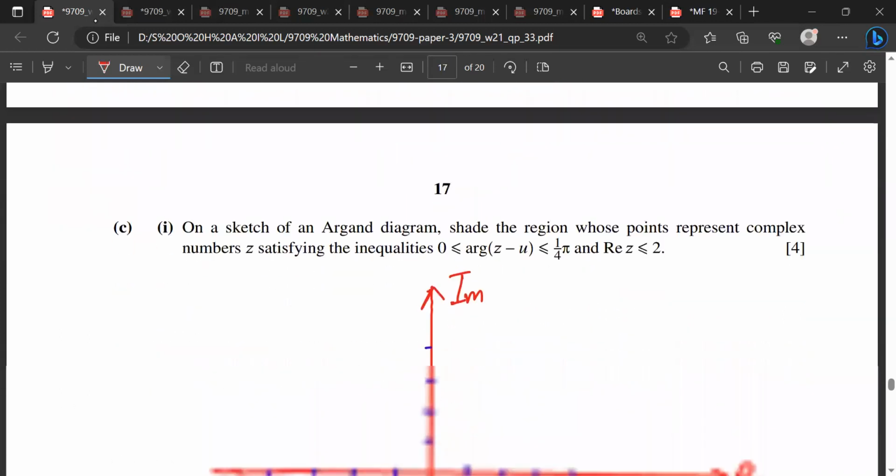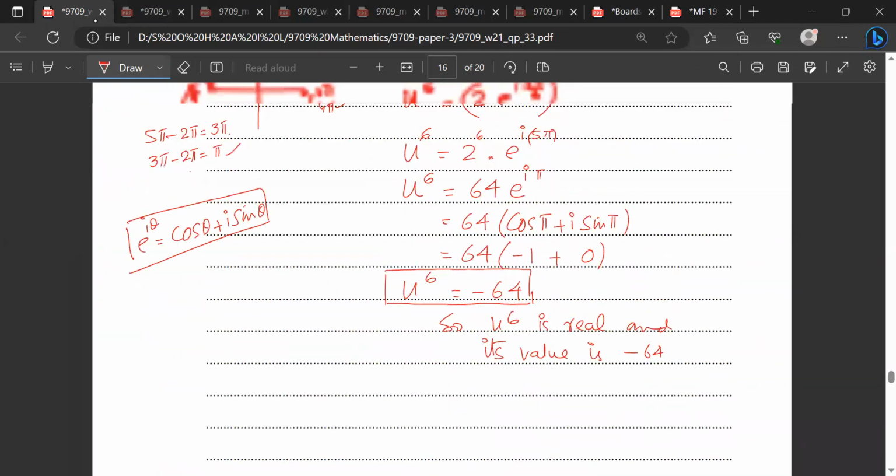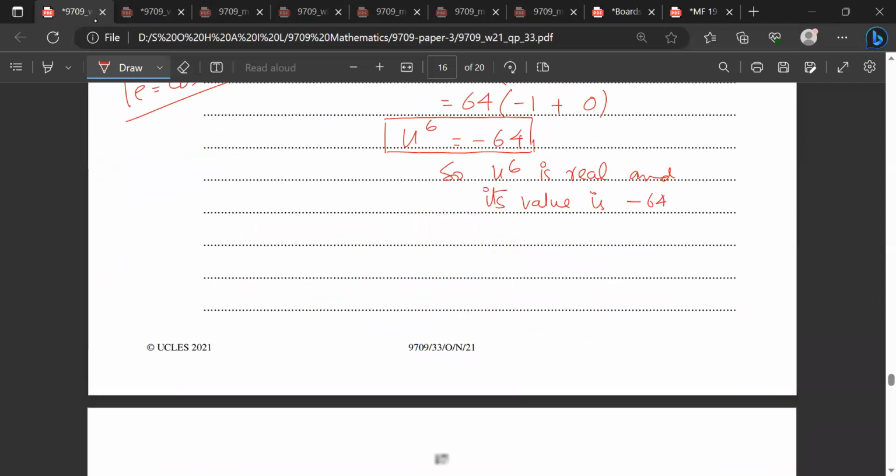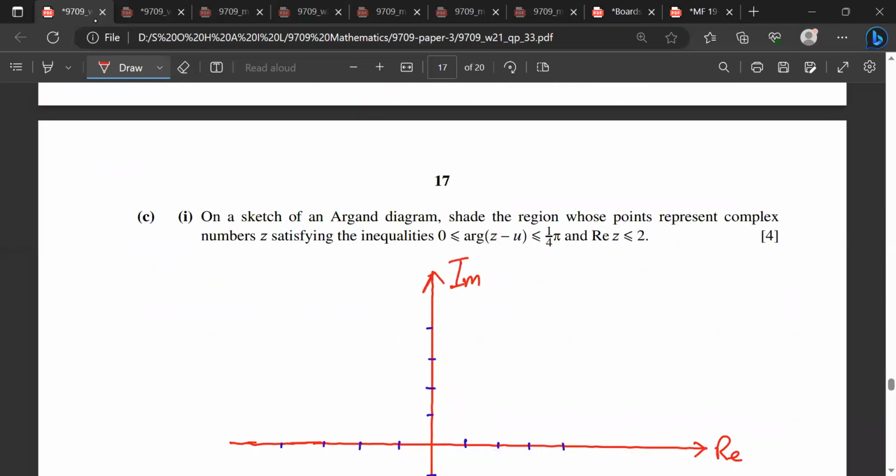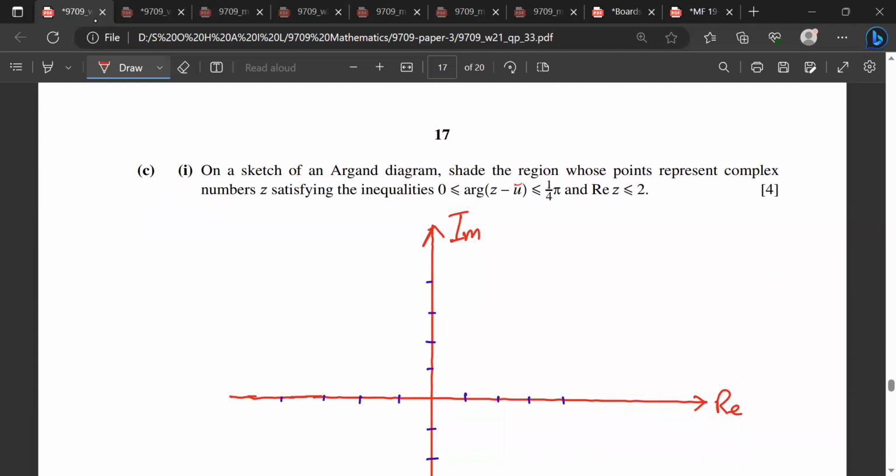Next, so this is how you can answer this part: show that this is real and find its value. On a sketch of the Argand diagram, shade the region whose points represent complex numbers z satisfying: so u is here, 0 is less than or equal to the argument of z minus the quantity minus root 3 plus iota, less than or equal to 1 over 4 pi, and the second is the real part.